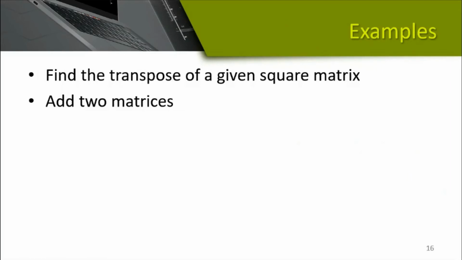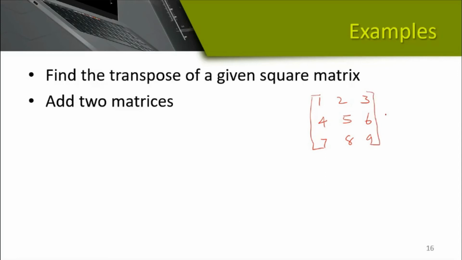A square matrix means the number of rows is equal to the number of columns. If we have a square matrix like this, 1, 2, 3, 4, 5, 6, 7, 8, 9. So this is a square matrix.